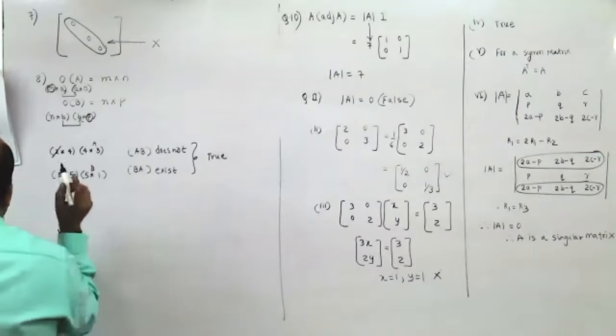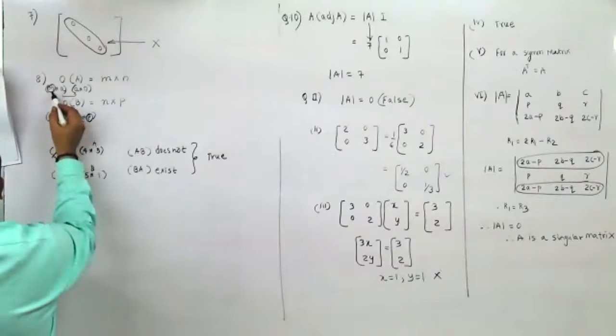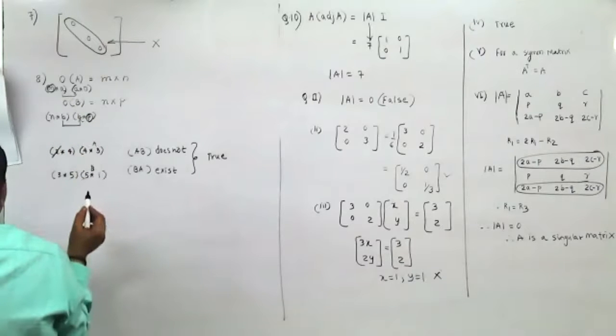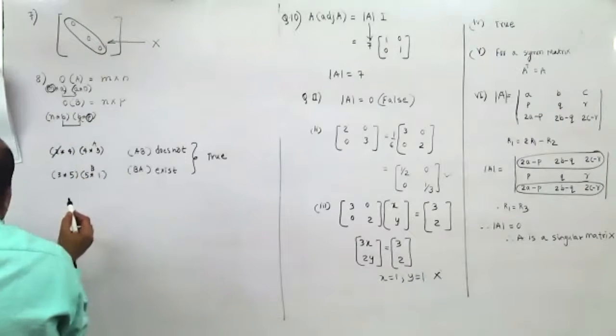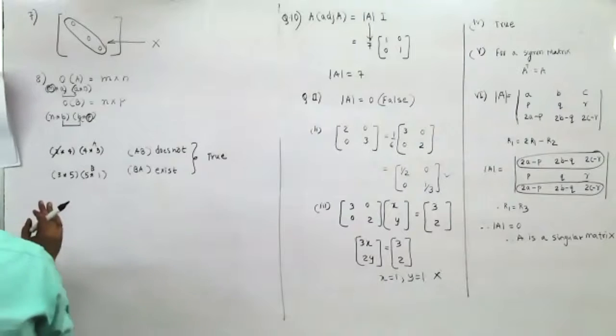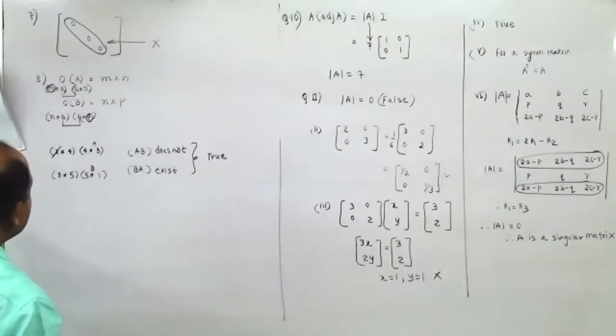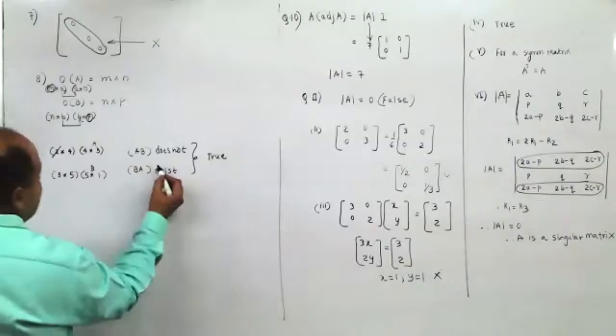No, wait. This is M into N and this is N into P. So these two have to be same. N into P. Now, neither does AB exist nor does BA exist. How did you say that one of them exists?